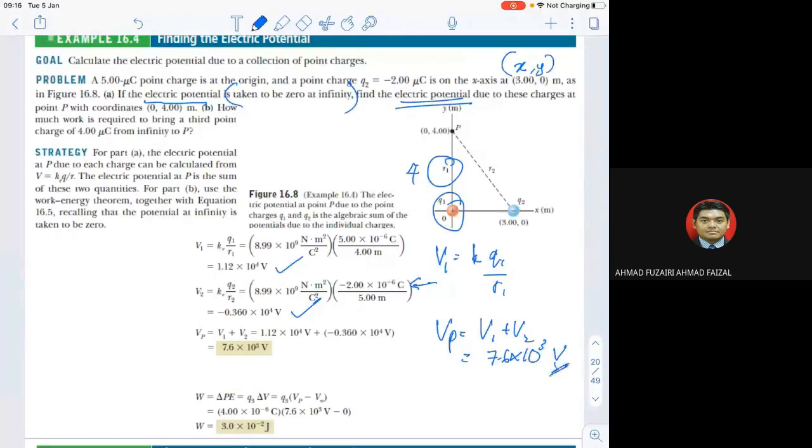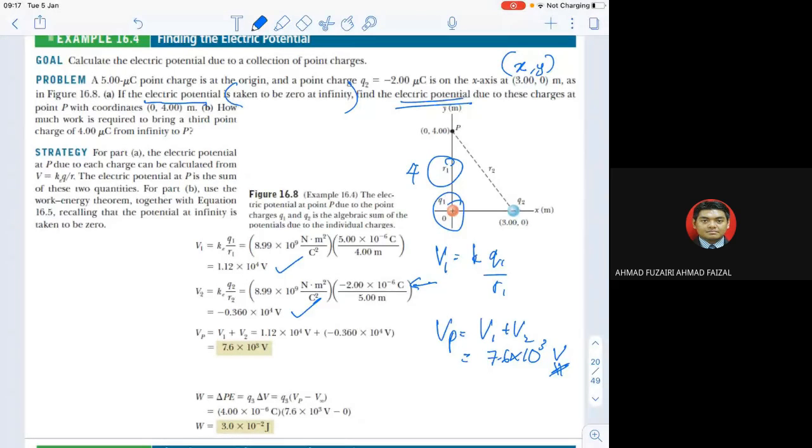Remember, the unit is volt, without direction. You don't have to put going to the left, to the right, or anything. So you must understand these three things: electric field, electric force, and electric potential. They are three different things, but fall under the same roof.